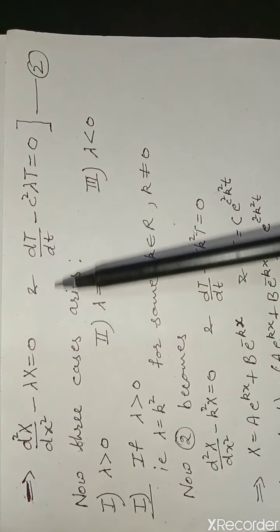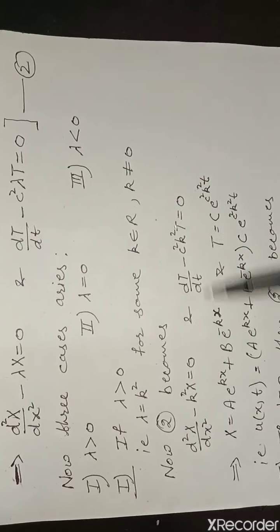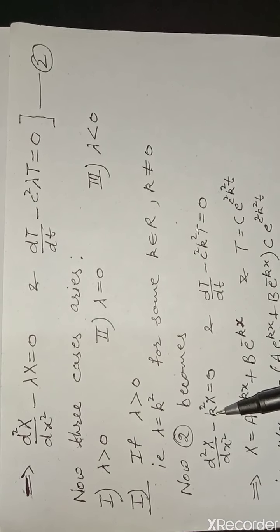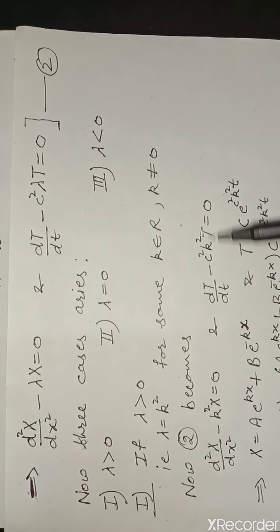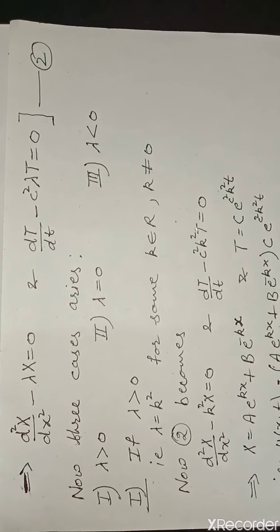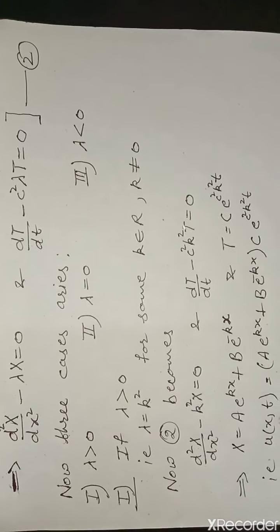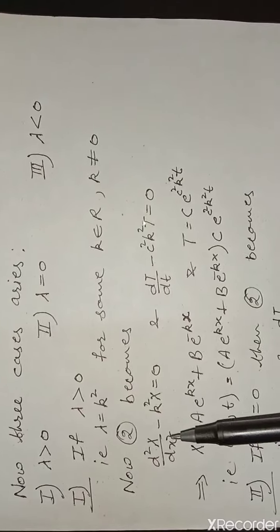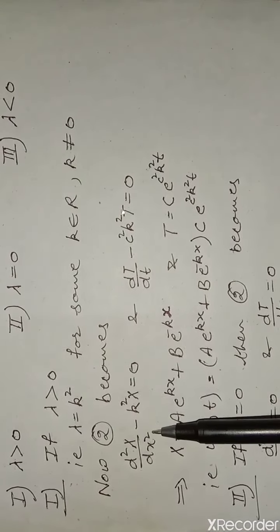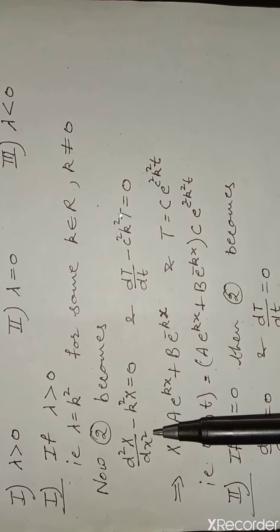The differential equations from equation 2 reduce to these two differential equations, with k square in place of lambda. Now we solve both ordinary differential equations. Both are linear differential equations with constant coefficients. These are the solutions, because the auxiliary equation will be D square minus k square equal to 0, and the two values of D are plus minus k.